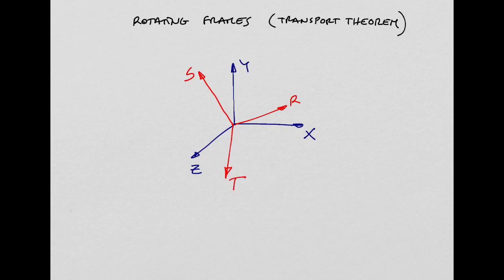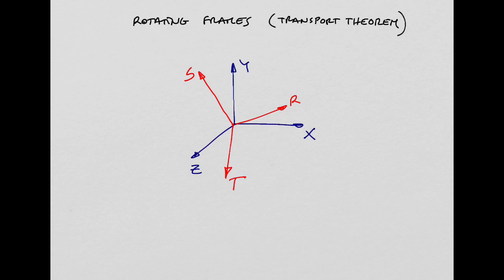So we have this coordinate system in blue that is not rotating, and we have another coordinate system, this one in red, which is rotating.